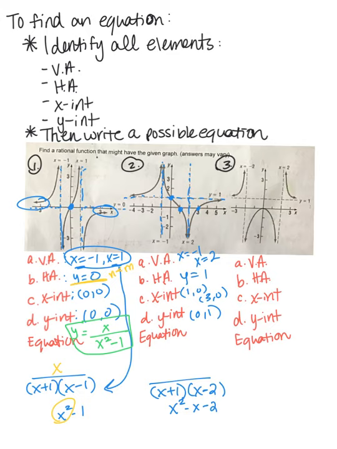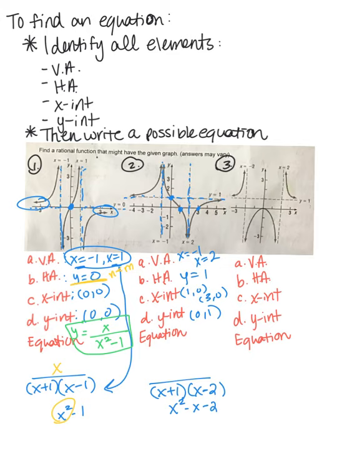So now let's look at the horizontal asymptote and our intercepts to help us. The intercepts come from after I've set it equal to 0 and multiplied by the denominator, it's gone. So really the x-intercept comes from the numerator.